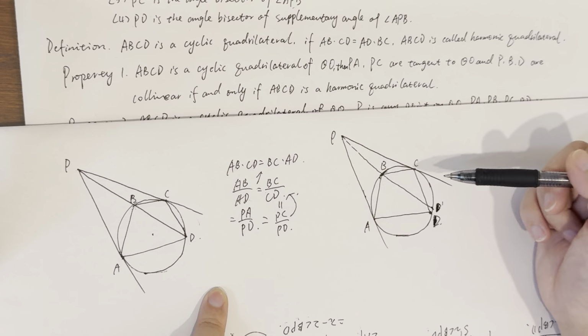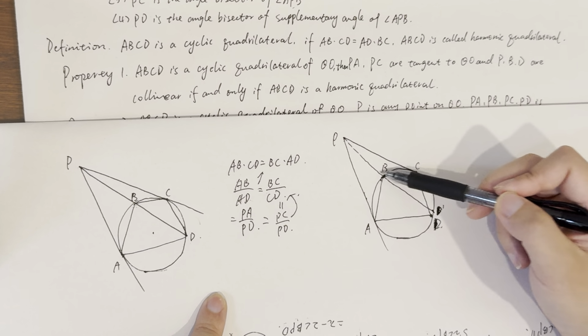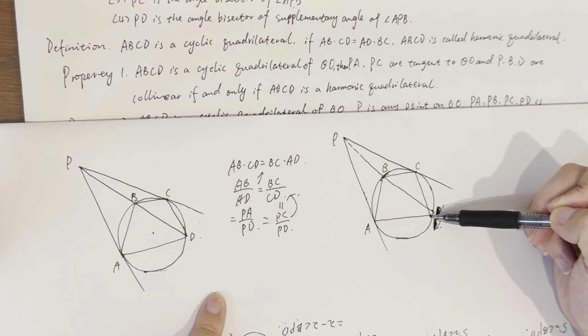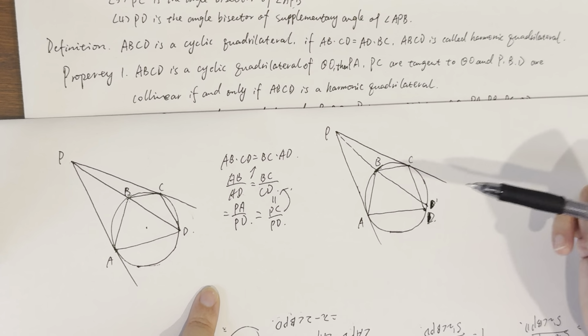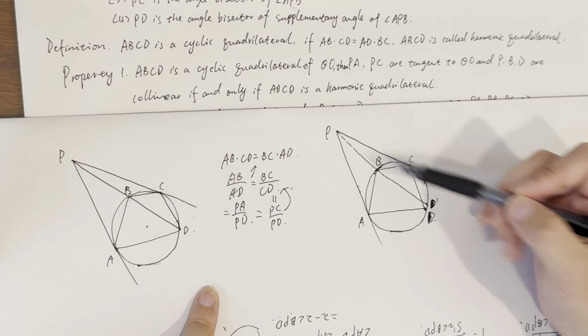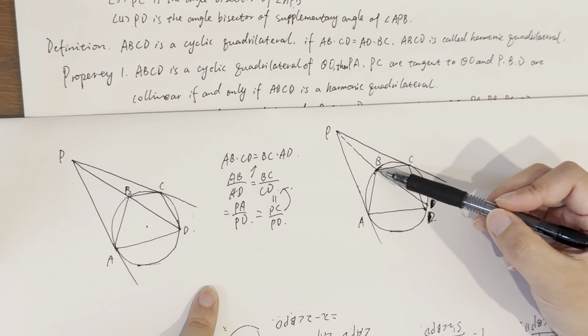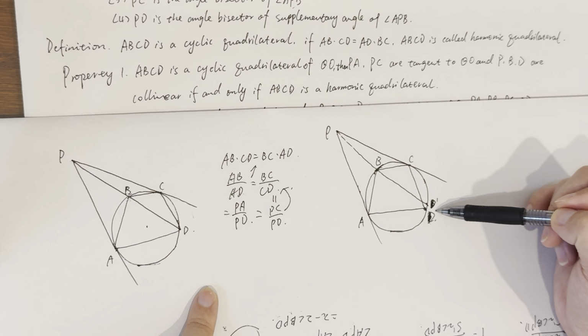Basically what I did is that, let's assume that PBD are non-collinear, and ABCD is a harmonic quadrilateral. So PBD are non-collinear, which means that I can extend PB, intersect the circle O at another point called D prime.